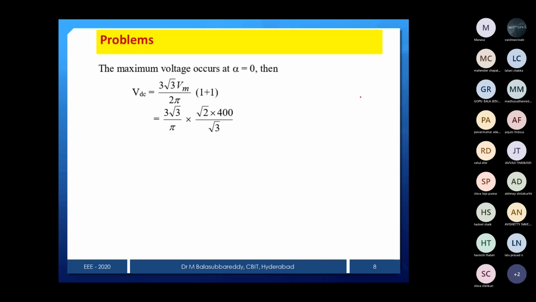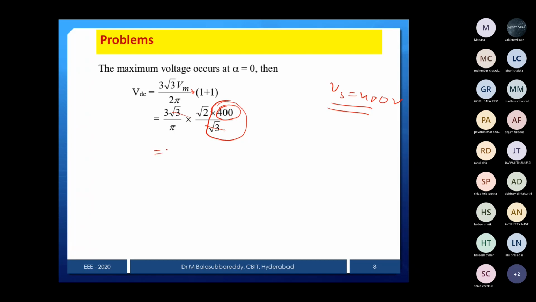But in our problem the supply voltage is 400 volts, that is a line voltage, while our formula uses the phase voltage. That's why line voltage divided by root 3 gives the phase voltage. Then root 2 into 400 by root 3, and the root 3 gets cancelled out.